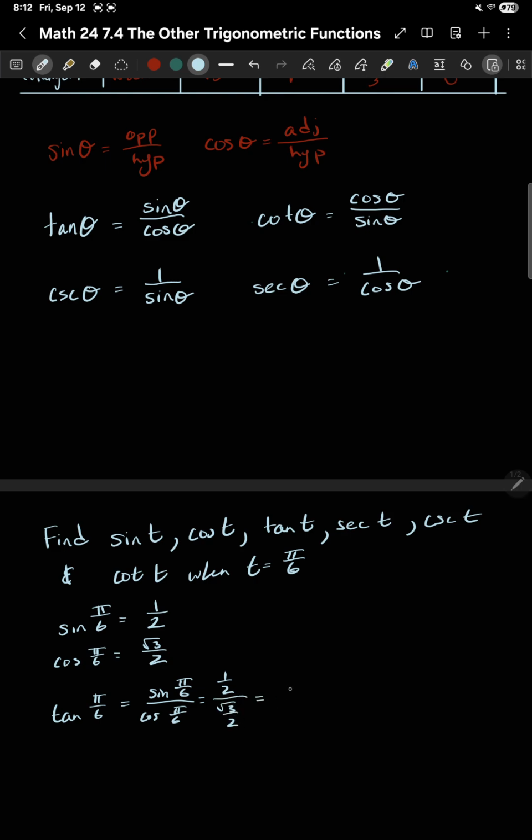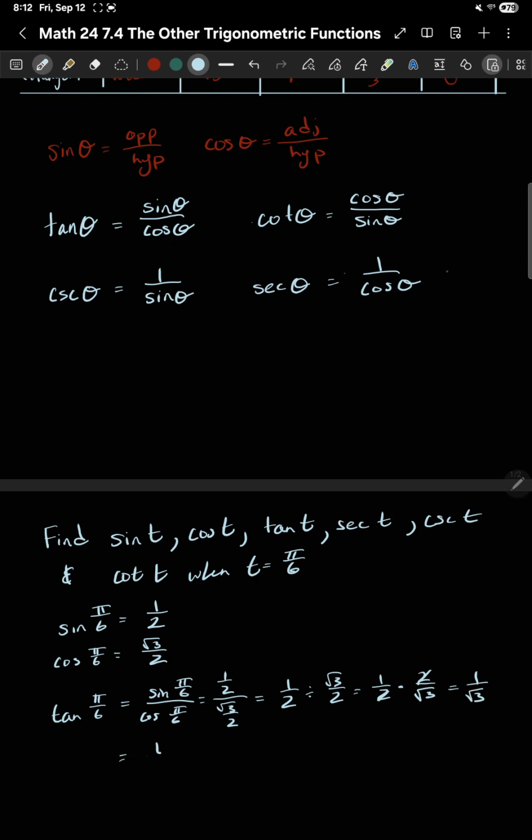we're able to replace tangent with sine over cosine with their values. And then once again, we're dividing fractions, so we prefer to multiply by the reciprocal, or the fraction flip. The 2's cancel out. We get 1 over square root 3.